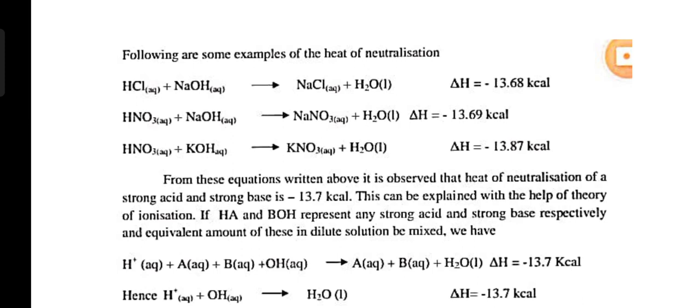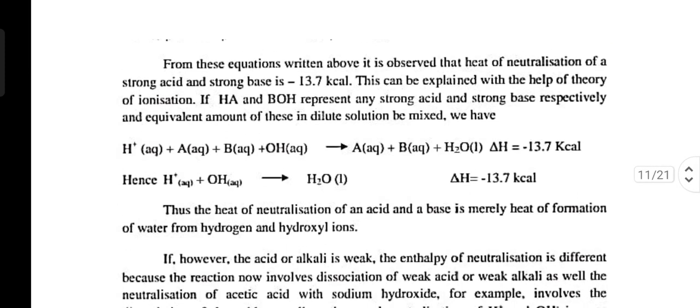If HA and BOH represent a strong acid and strong base respectively, and equivalent amounts of these in dilute solution are mixed, we have H+ aqueous plus A- aqueous plus B+ aqueous plus OH- aqueous give A- aqueous plus B+ aqueous plus water, ΔH is minus 13.8 kilocalorie. Hence H+ aqueous plus OH- aqueous give water liquid, ΔH is equal to minus 13.7 kilocalorie.